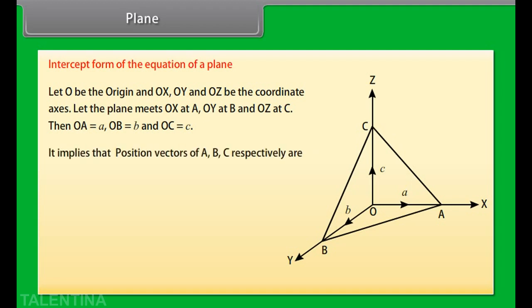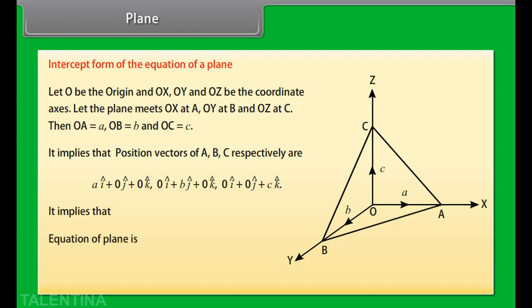It implies that the position vectors of A, B and C respectively are a î + 0 ĵ + 0 k̂, 0 î + b ĵ + 0 k̂, and 0 î + 0 ĵ + c k̂. It implies that the equation of the plane is x/a + y/b + z/c = 1.